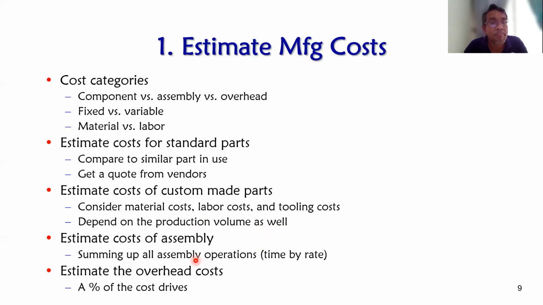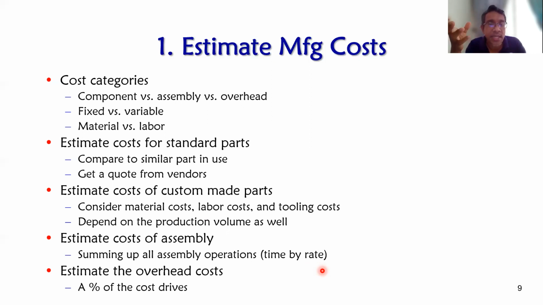And then estimate cost for assembly. Normally this is time by rate, so they use assembly operation by time rate. Normally when we produce the part to assemble, we make a production time using the cycle time. From one product to another product, we count and do a time study, a time analysis.